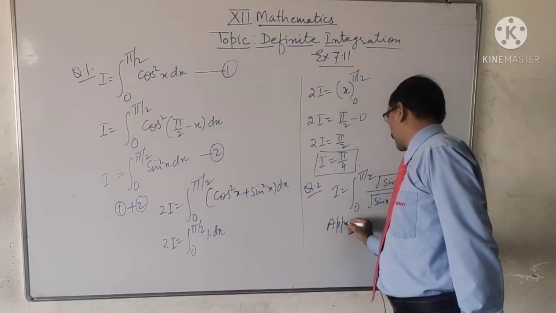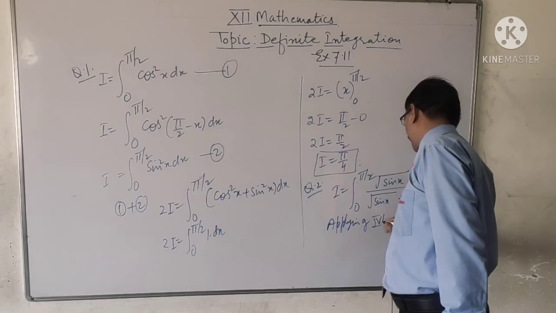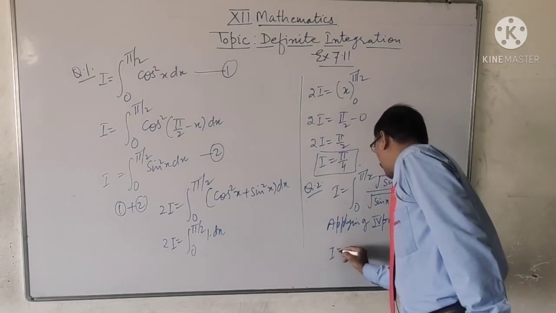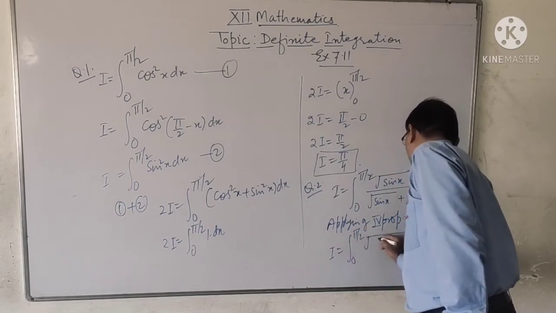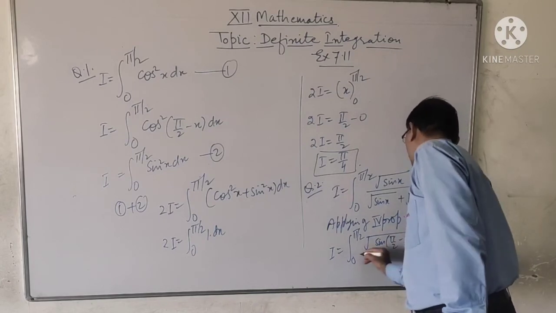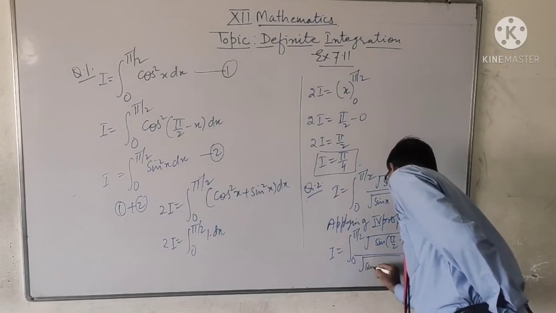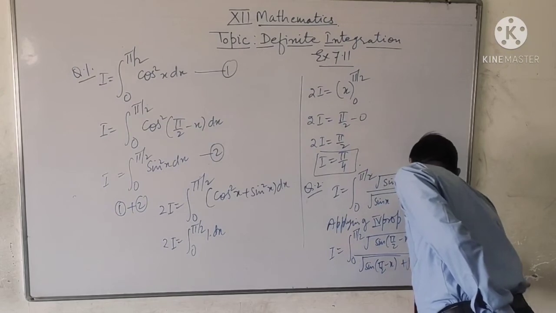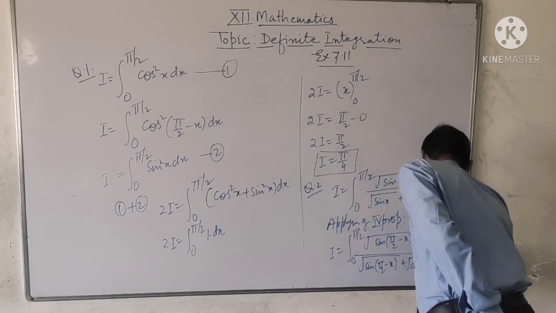In your exam you should write the property. So I equals the integral from 0 to pi by 2 of root sin(pi by 2 minus x) upon (root sin(pi by 2 minus x) plus root cos(pi by 2 minus x)) dx.